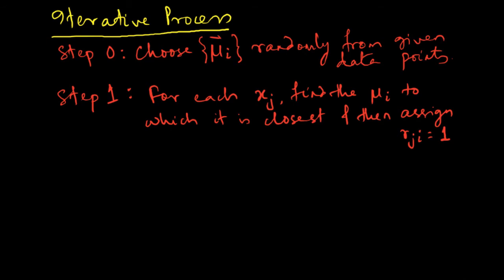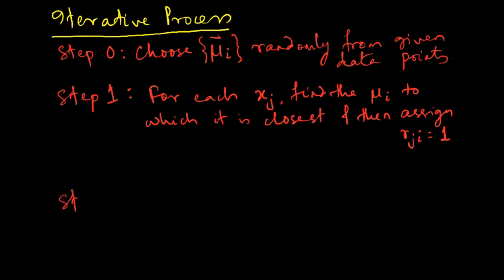Now your step 2 is obviously to update your value of mu I, because this mu I and the rji are the two sets of parameters that you need to optimize in order to minimize your loss function or your distortion measure. So you have initially chosen your mu I, using that you have computed rji. Now you need to update your mu I and then using that calculate rji once again and do this process in a loop till you reach convergence.